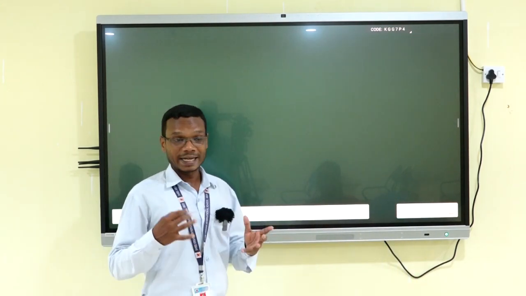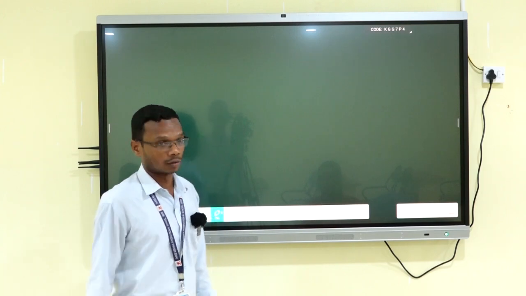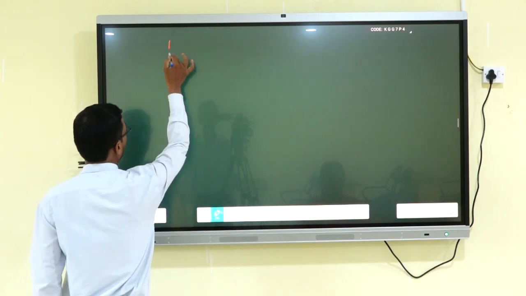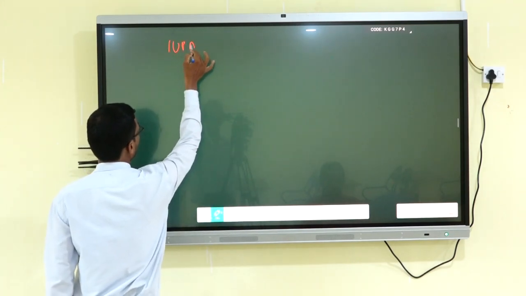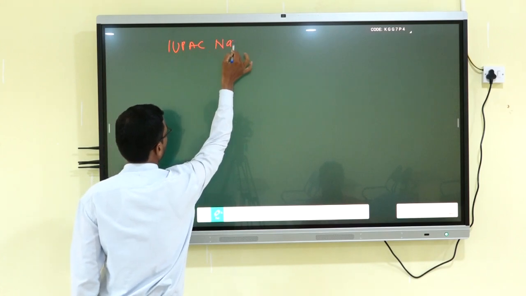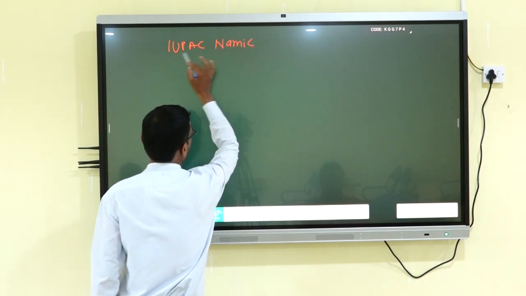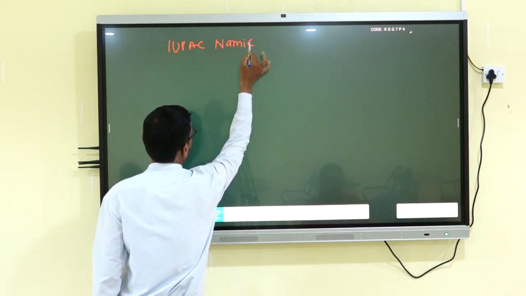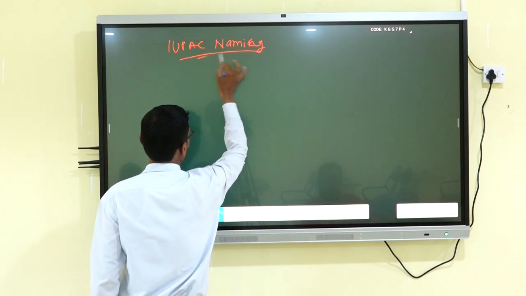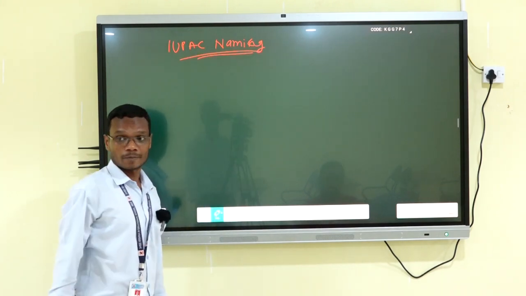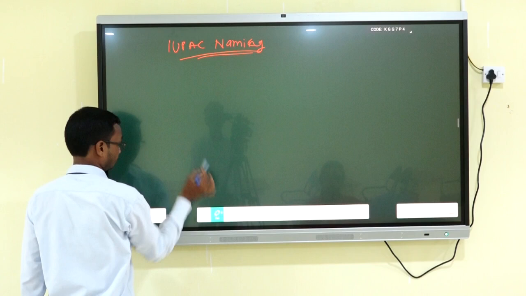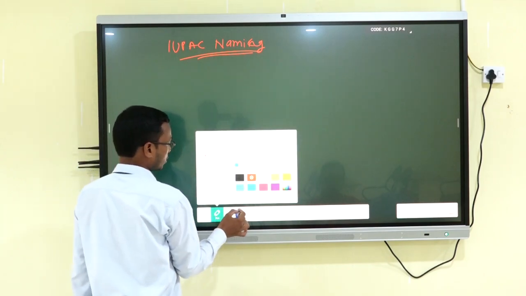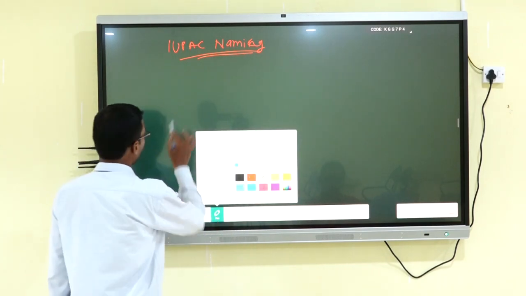Okay, fine. Now, how to name aldehyde and ketone? IUPAC naming. What is the process of IUPAC naming? First consider aldehyde.